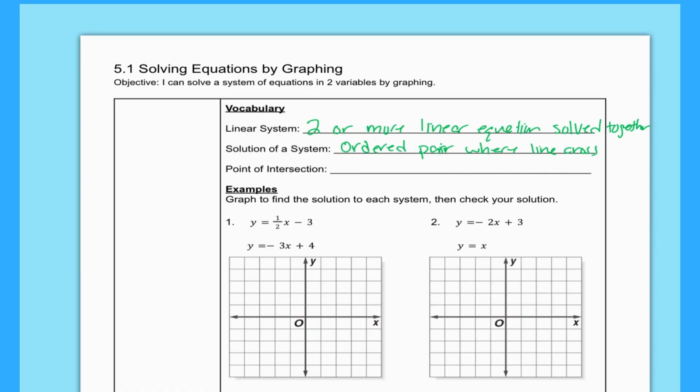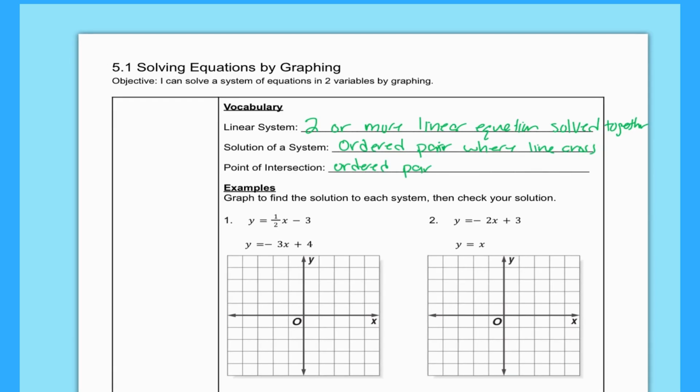Algebraically, it is an ordered pair that satisfies both equations. And what that means is that it makes both equations true. So I could plug in the x and y for each equation and it's going to be a correct answer.